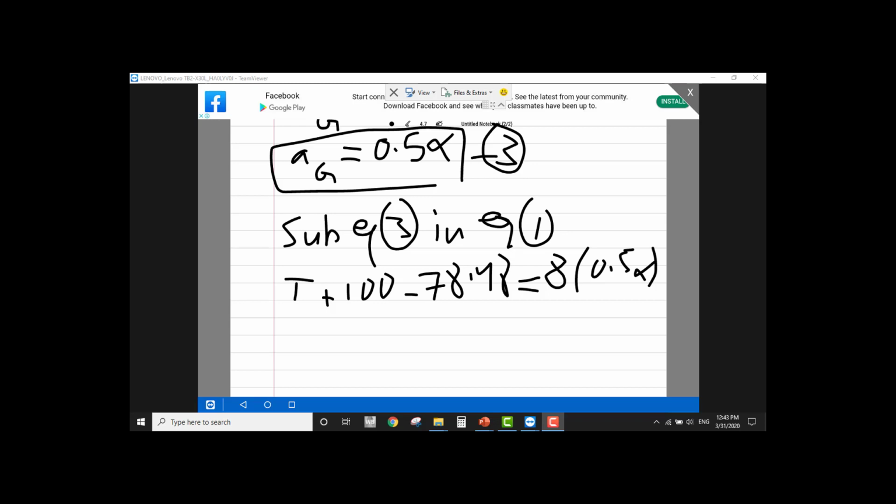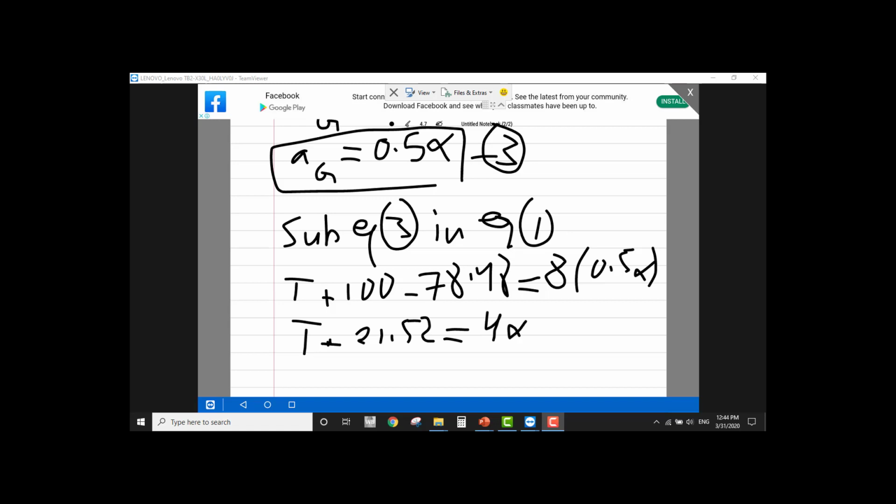So T plus 21.52 equals 8 multiplied by 0.5 alpha, which is 4 alpha.